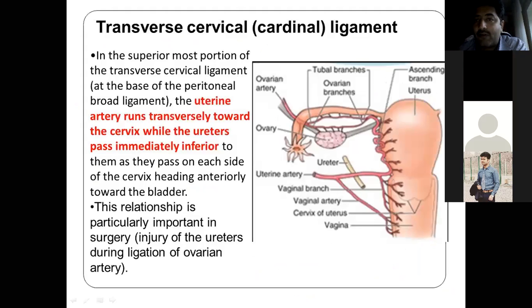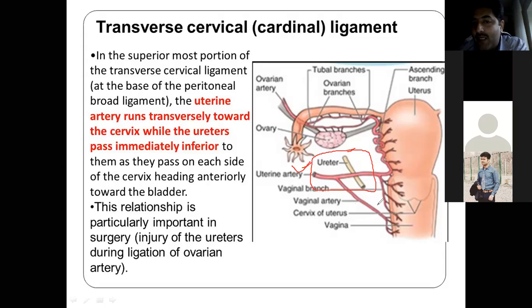Now see here, this is the correlation of the ureter and the uterine artery. It is very important. We call it water under the bridge.